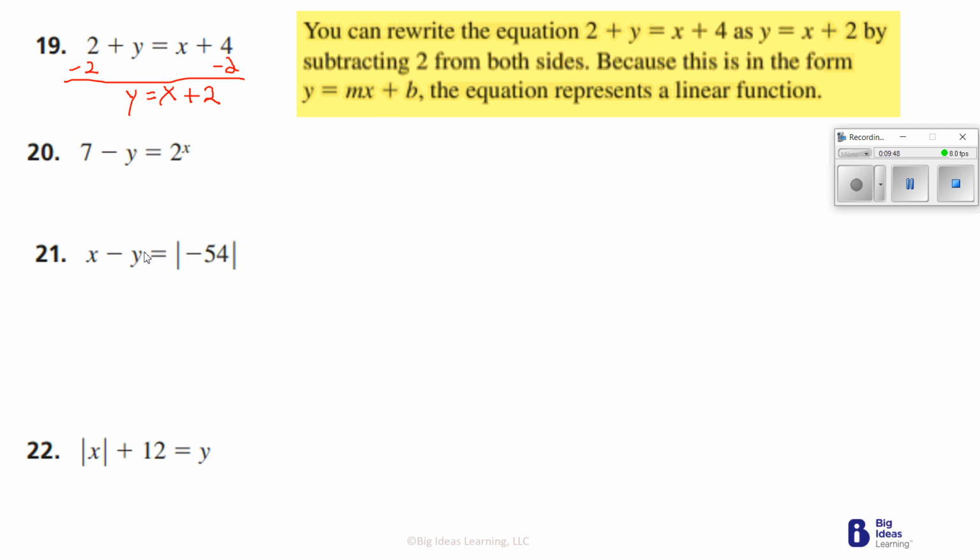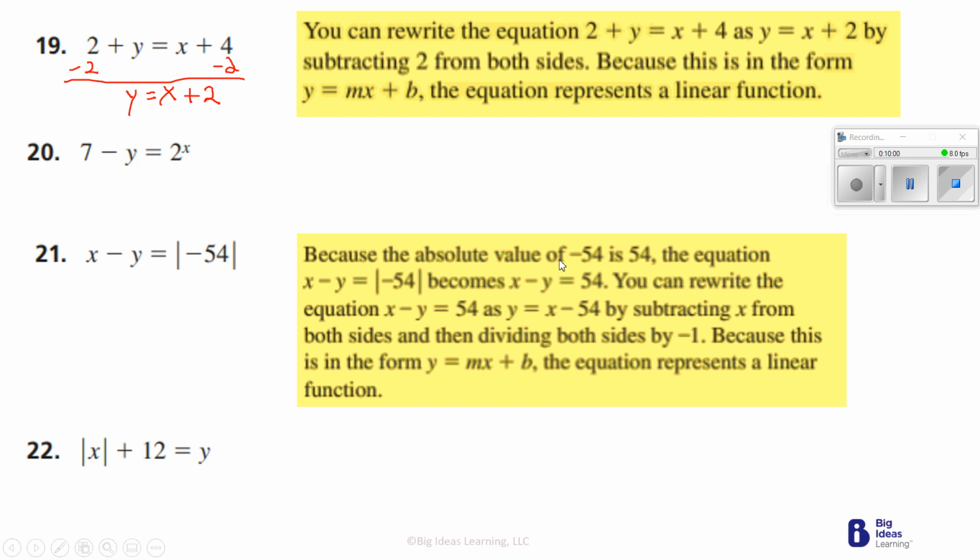There can be some shifting around here. I could bring the y to the side, making it positive. I could leave the x over here. And then I could bring this over here. Because the absolute value of negative 54 is 54, the equation becomes x minus y equals 54.